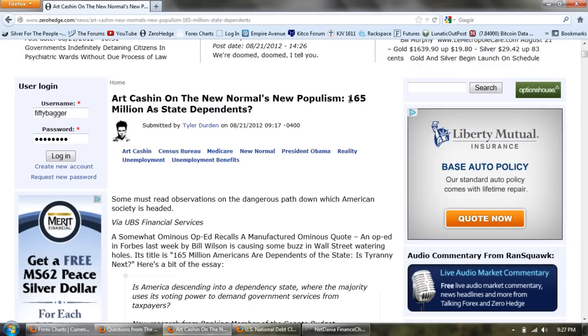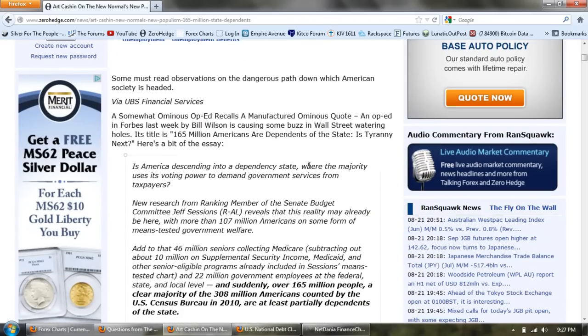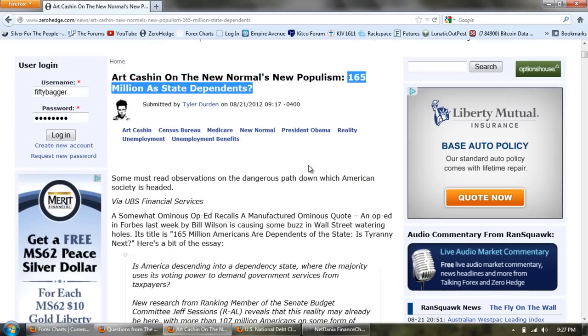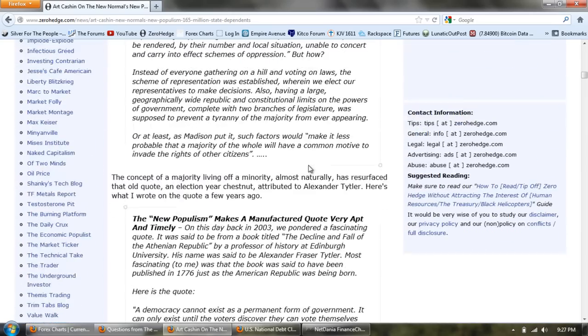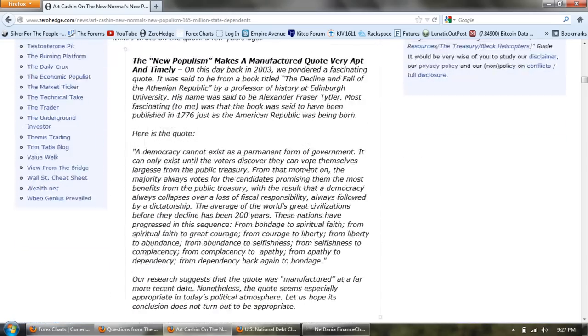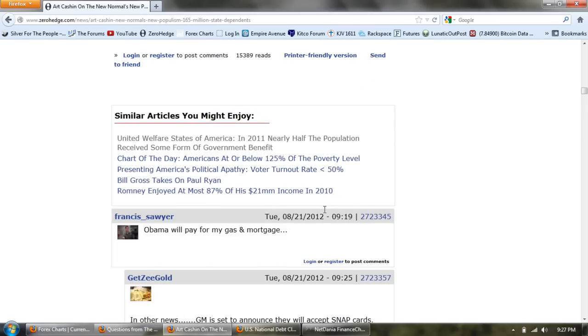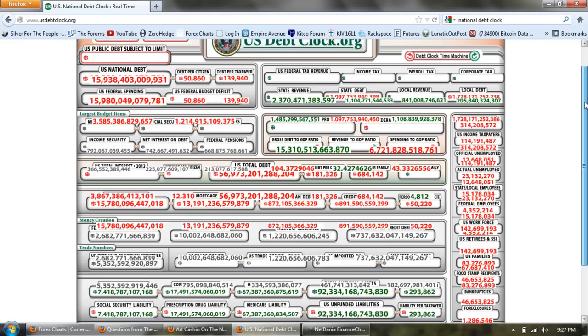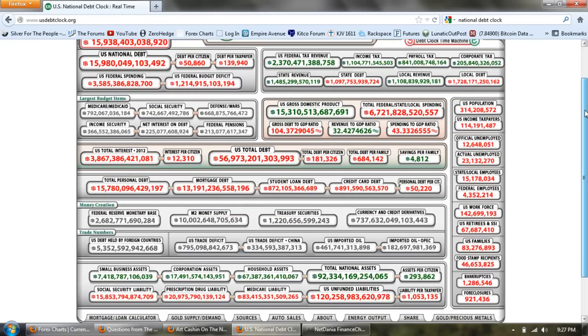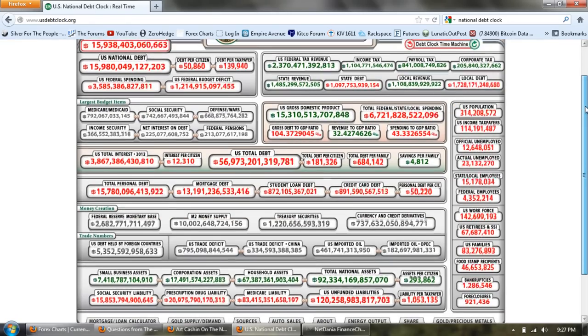This figure, 165 million, there's a number of ways you can arrive at that. I don't have time to go into the details of it, but go ahead and read this article. If you want to look at some of the details, you can see them in the National Debt Clock, and I've done a number of videos on these figures that are in the National Debt Clock.